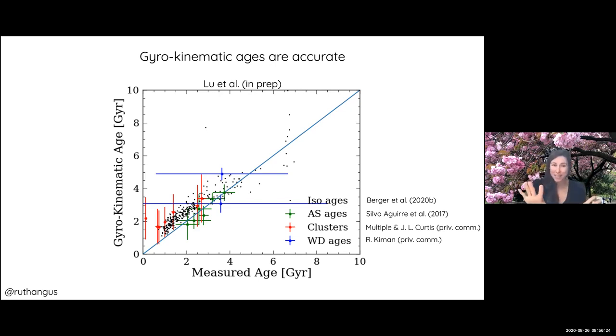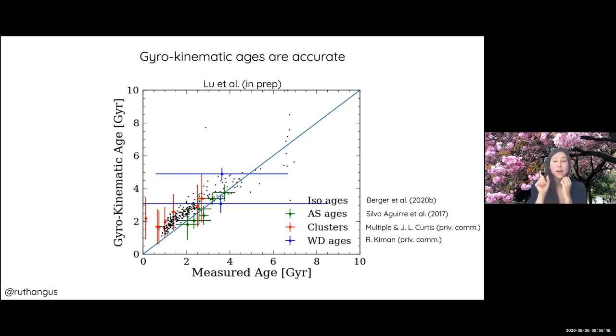And there is some detail that I can explain further if anyone's interested, especially related to the isochronal age comparison here. But in general, our gyrokinematic ages are consistent to within 1 sigma when compared with all the other alternative age dating methods. So we're pretty confident that these ages are accurate.